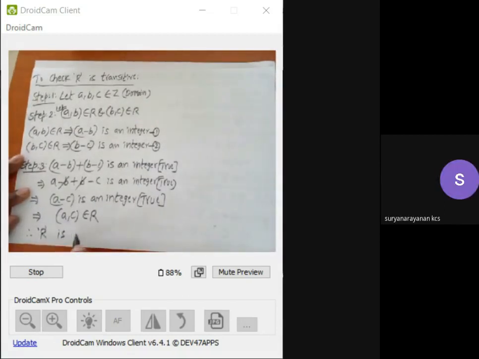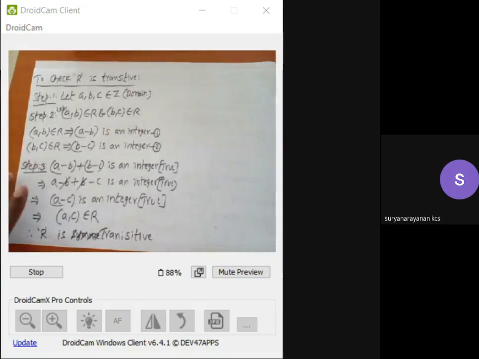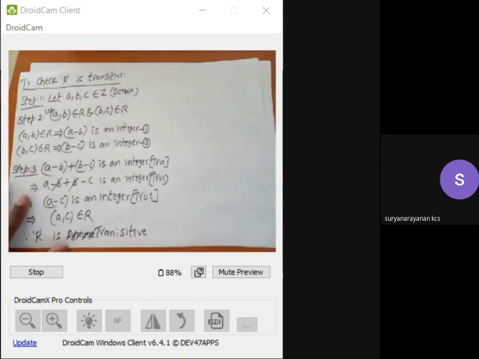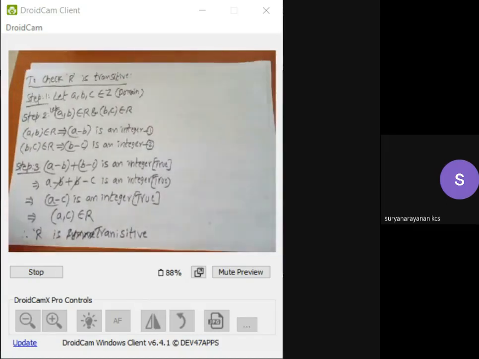Therefore, we say that R is transitive. So, by following these steps, we can verify whether the given relation R is reflexive, symmetric, or transitive.